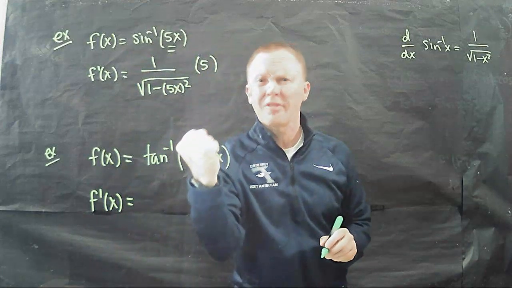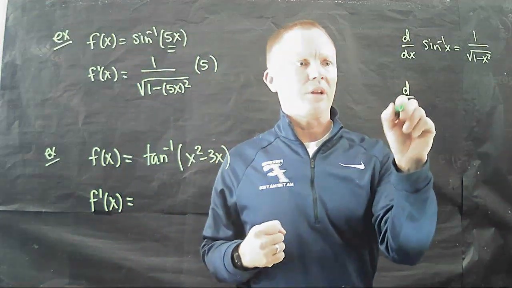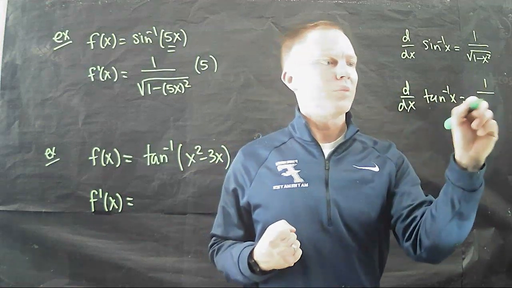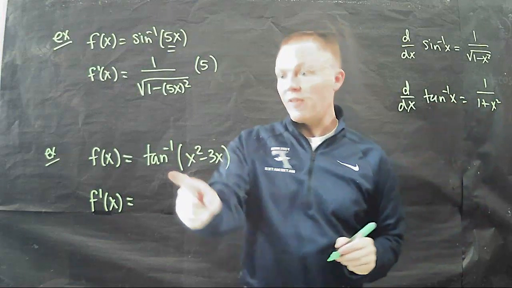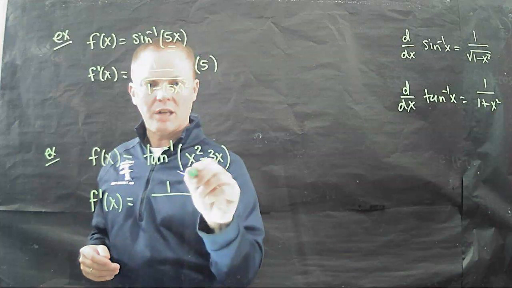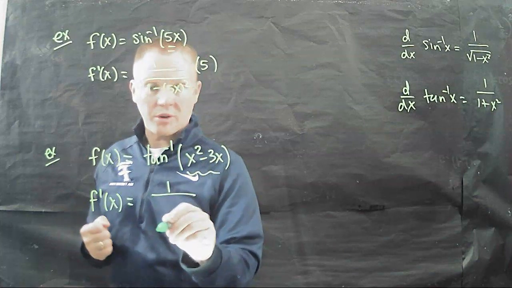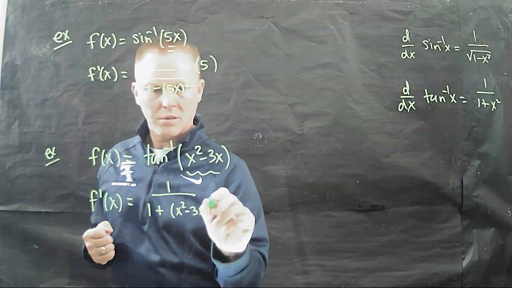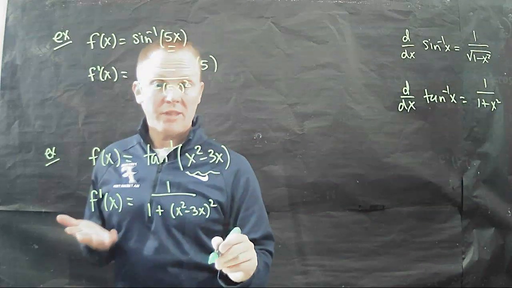You got to know the derivative of the inverse tangent function. Maybe we'll write it down again over here for the second time. The derivative of the inverse tangent function is 1 over 1 plus x squared. So now if I want the derivative of this baby, I just say, okay, that's 1 over, I treat this guy like the x, take the derivative of the whole thing, and then multiply by the derivative of the inside.